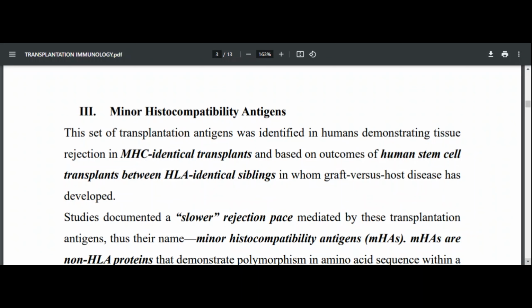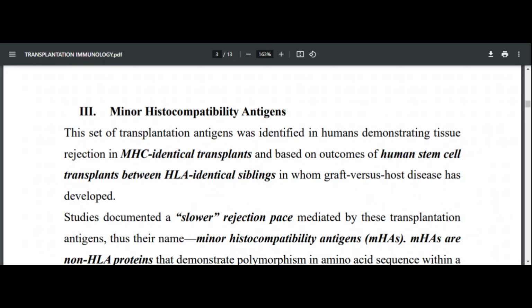So any reaction that develops after transplantation between HLA-identical or major histocompatibility complex identical individuals will be attributed to minor histocompatibility antigens.